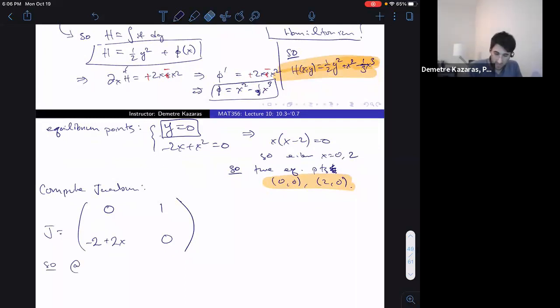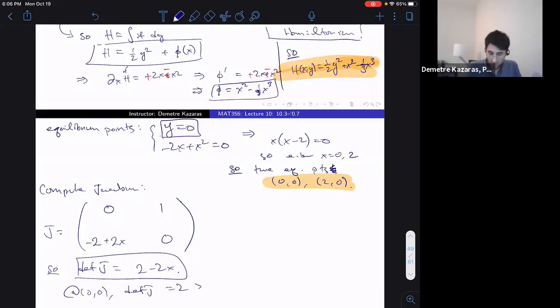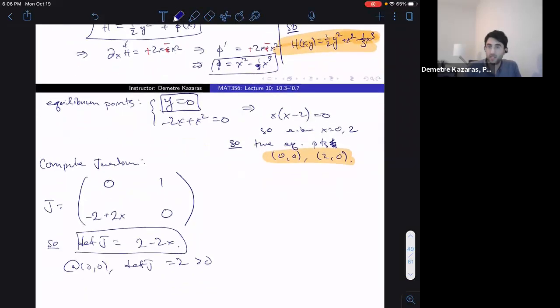Well, let's compute what the determinant is. So the determinant of J is, well, I guess it has a minus sign. Well, it is important. It is 2 minus 2x. So at 0, 0, this determinant is 2, which is positive. Remember what that means?